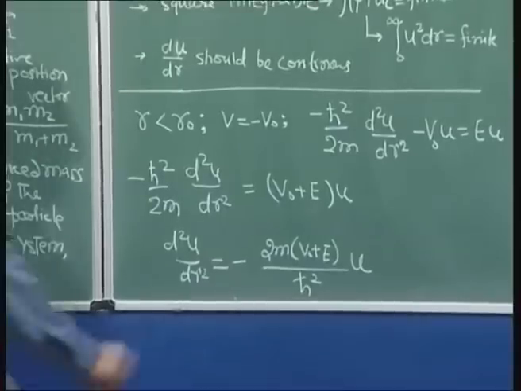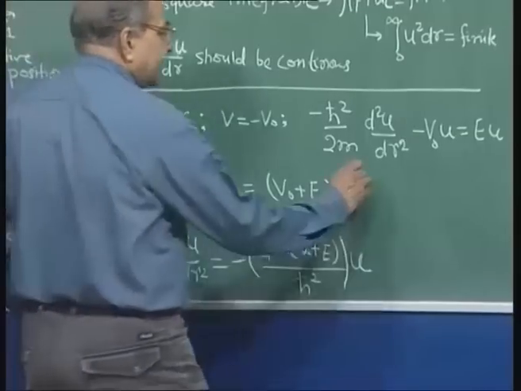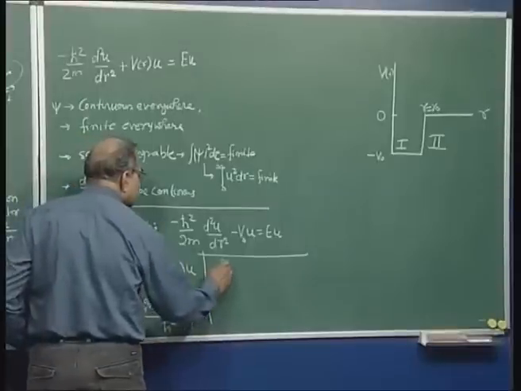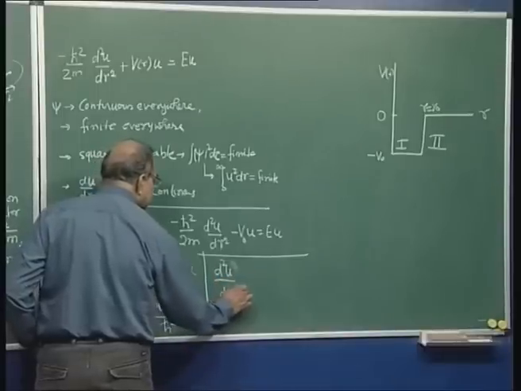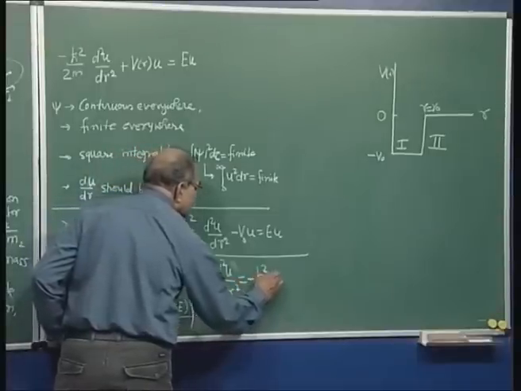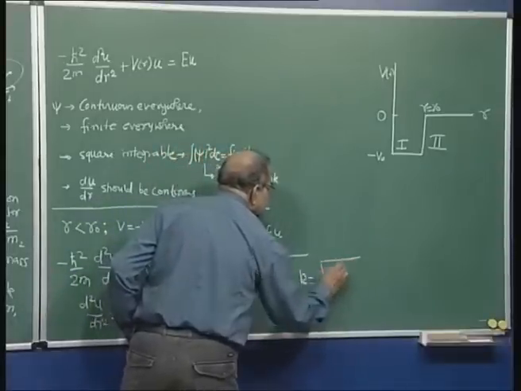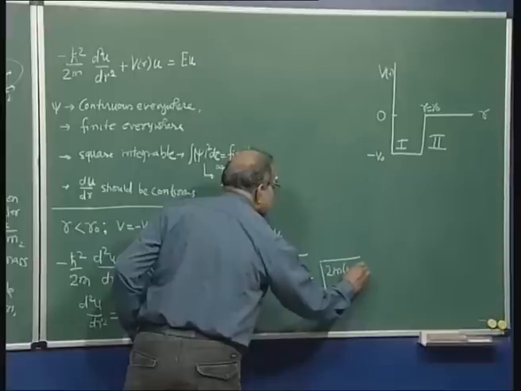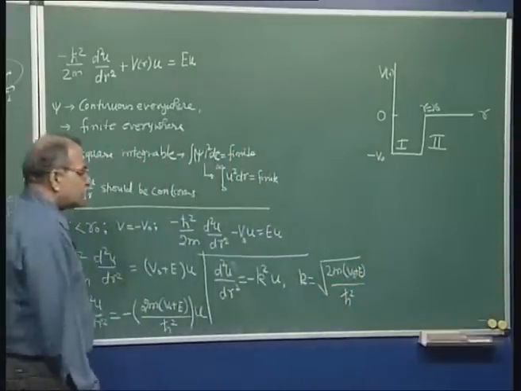And this thing, if you write as k square, then it becomes d2u/dr square is equal to minus k square u, where k is the square root of 2m (V naught plus E) by h cross square. It is a real quantity.